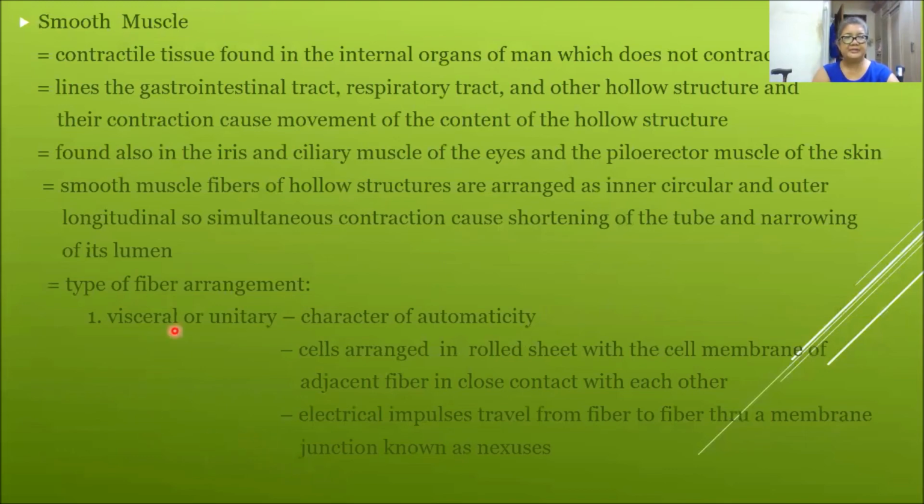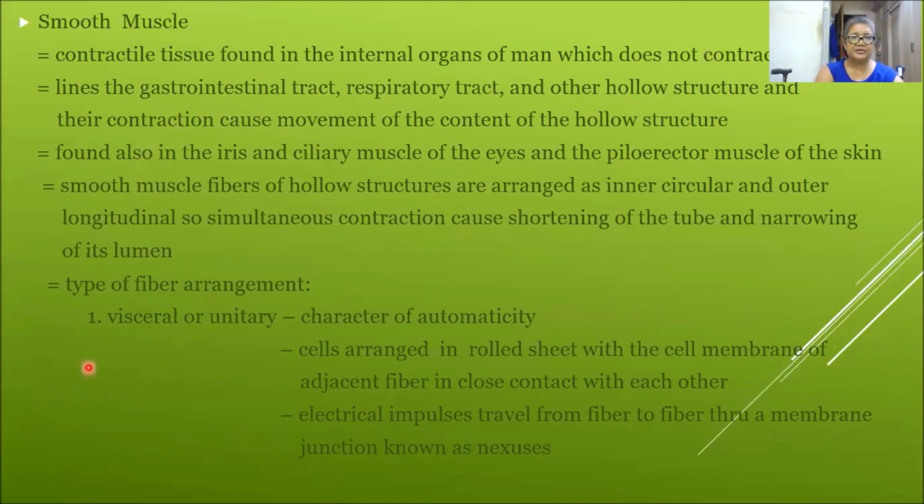The smooth muscle is a contractile tissue found in the internal organs of man which does not contract at will. This will line the gastrointestinal tract, the respiratory tract, and other hollow structures, and their contraction causes movement of the contents of the hollow structure.